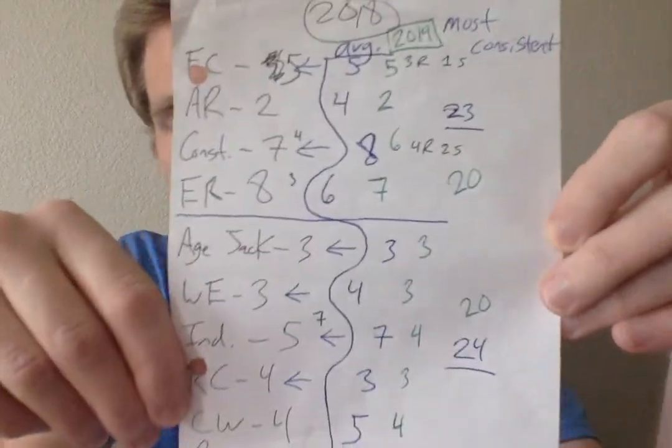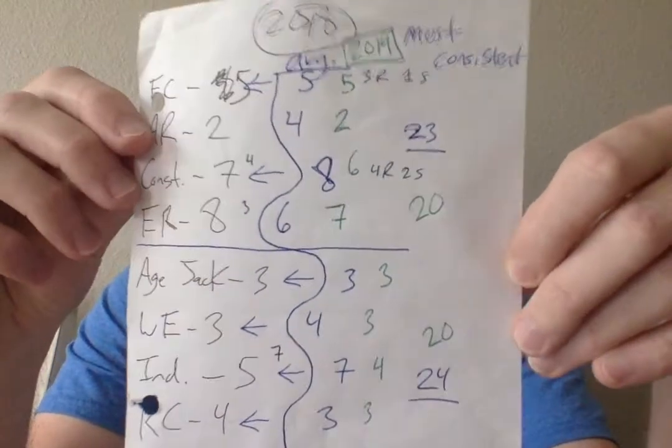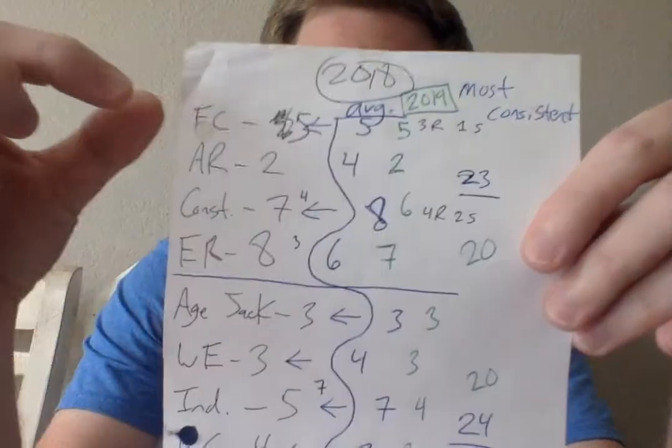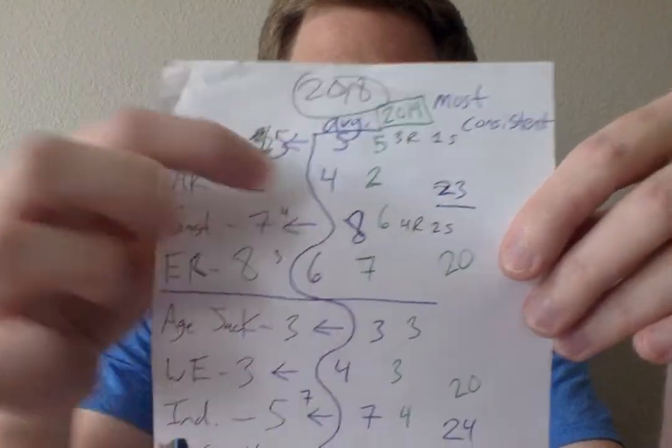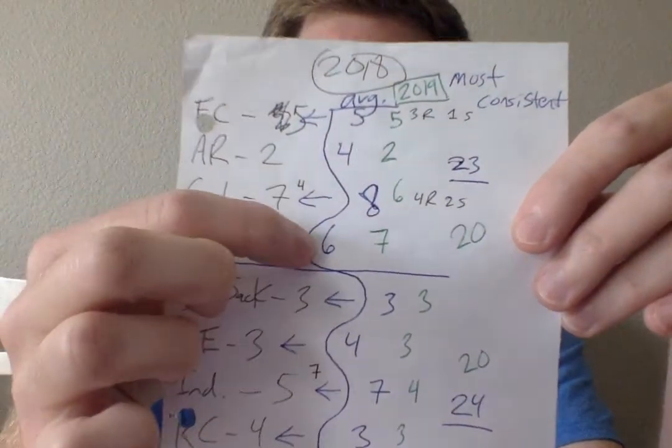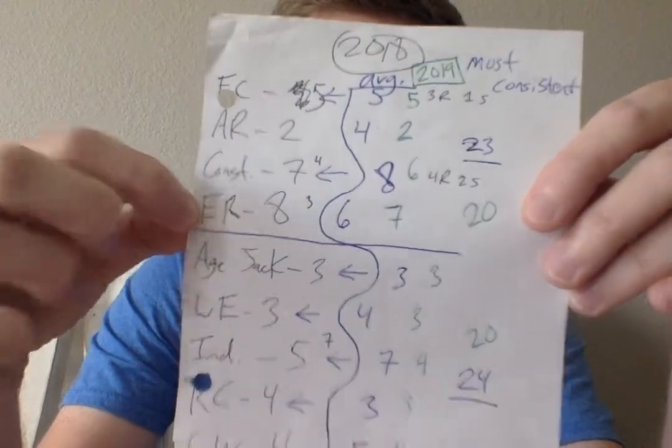I haven't updated it because we didn't have a test this past year because of COVID. Roughly, though, you're going to get about 5 questions with exploration colonization, about 4 questions out of American Revolution, 8 questions out of Constitution, and 6 questions out of Early Republic.